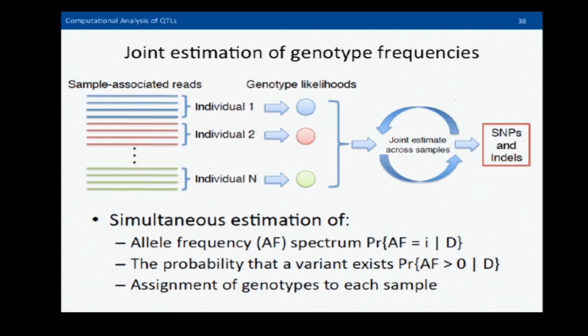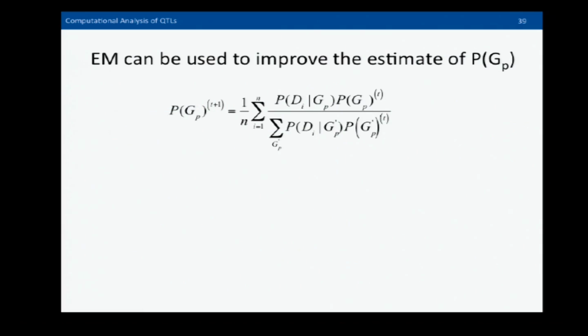The way we can do that is with an iterative EM procedure. It looks like this. We can estimate the probability of the population genotype iteratively using this equation until convergence.